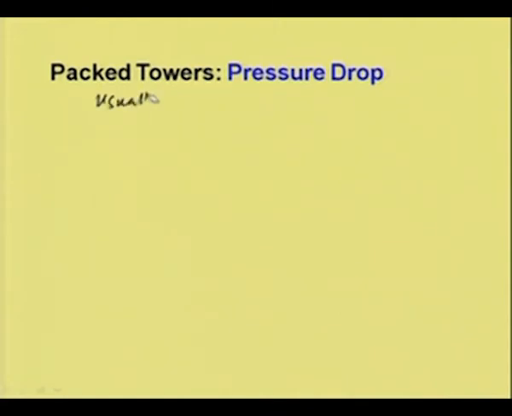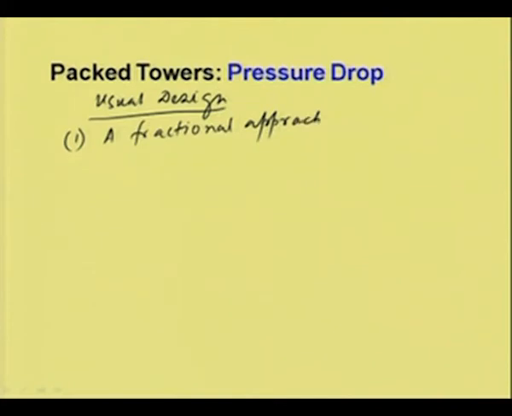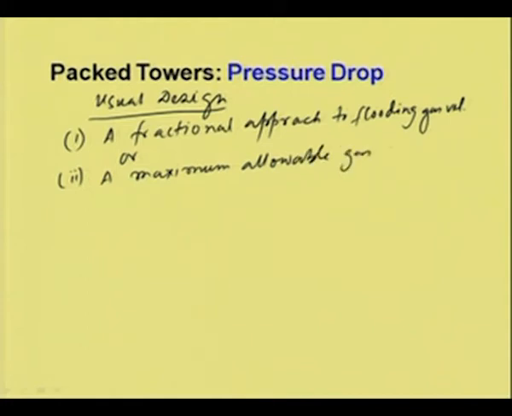The usual design is, first, a fractional approach to flooding gas velocity, or second, a maximum allowable gas pressure drop.